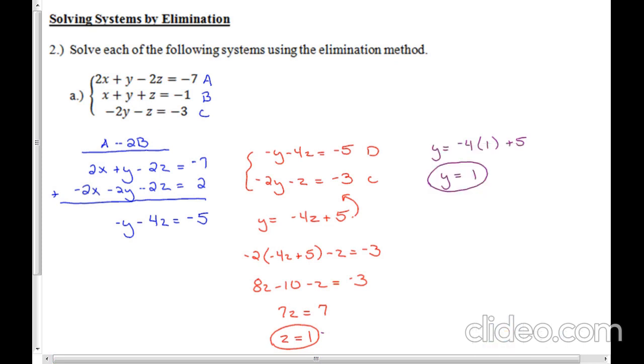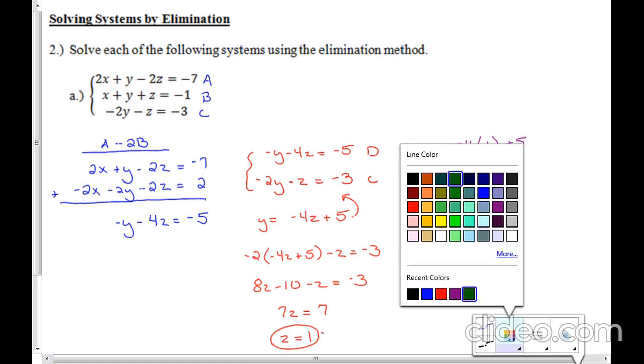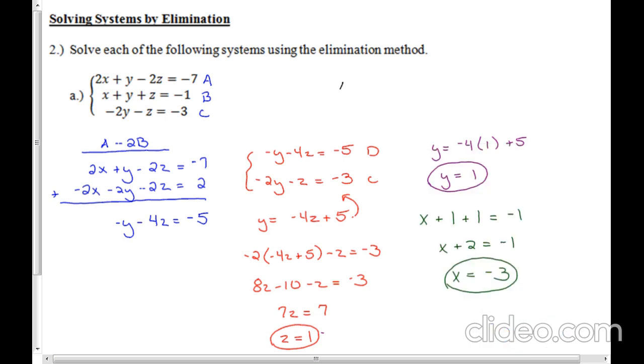So if I take equation B and substitute in 1 for y and 1 for z, this would be x plus 2 equals negative 1. And then I could subtract 2, so x equals negative 3. So now I have my ordered triple. Finally, I have discovered answers for x, y, and z. My ordered triple here would be negative 3, 1, and 1.